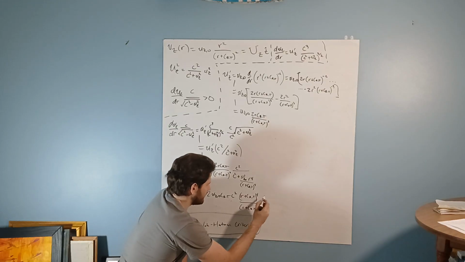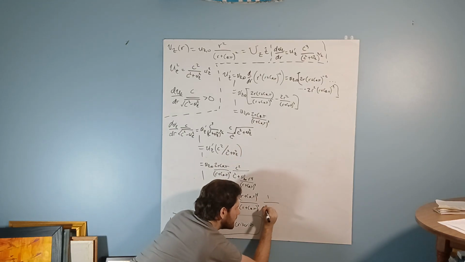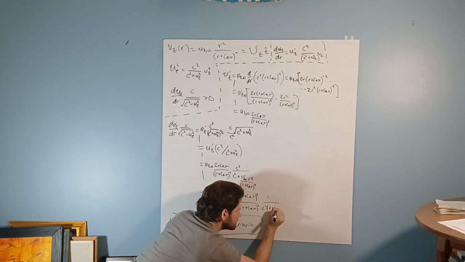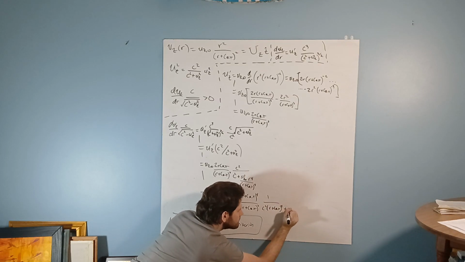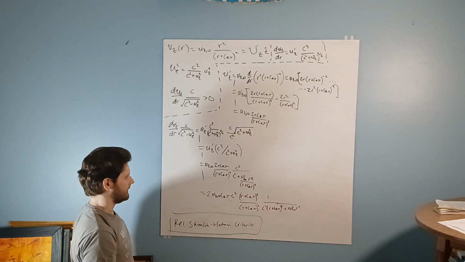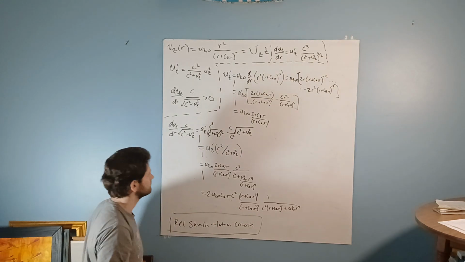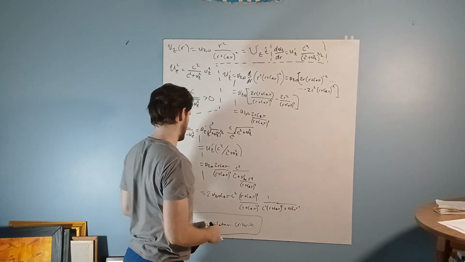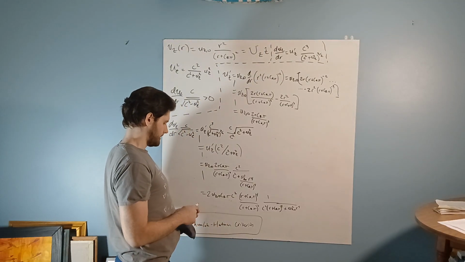And that leaves us with, then over here, we have 1 over c squared, just like that. That and that cancels. All right, and what are we left with?